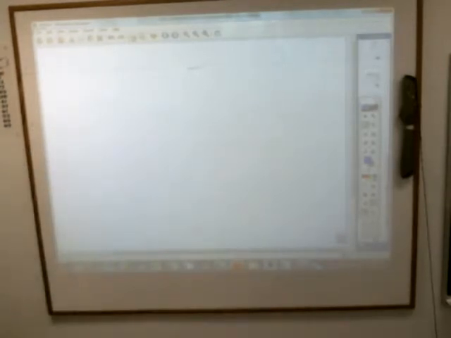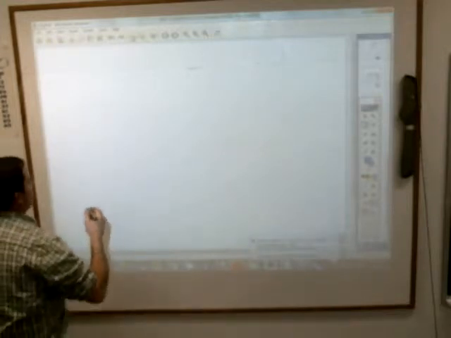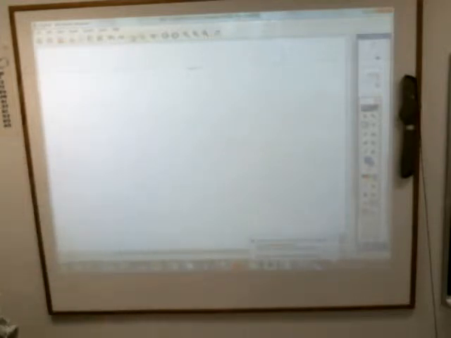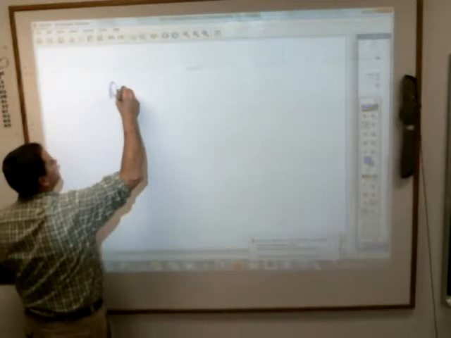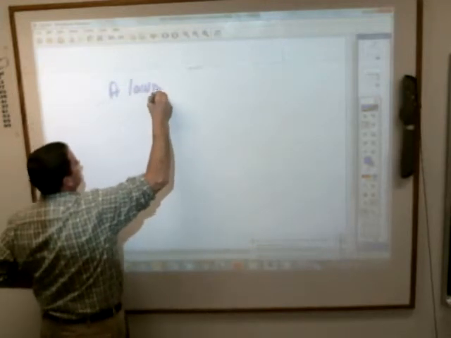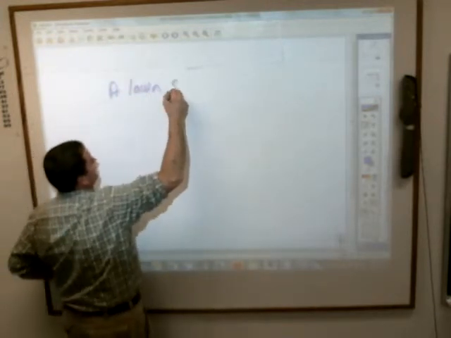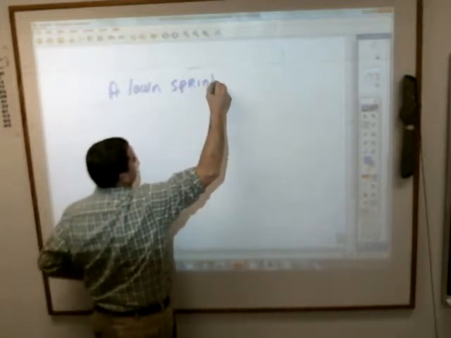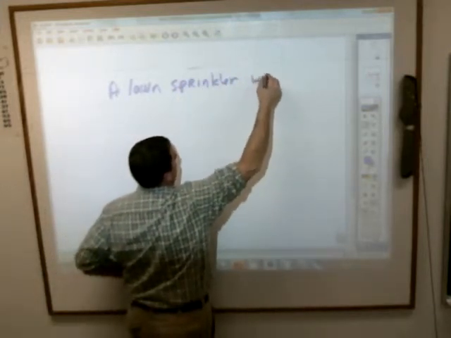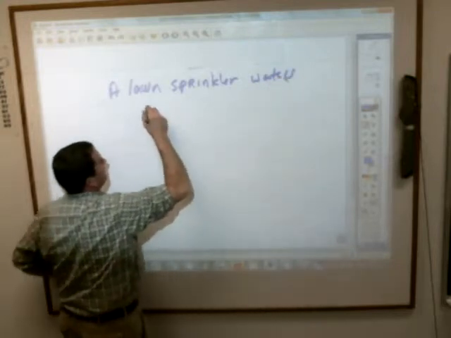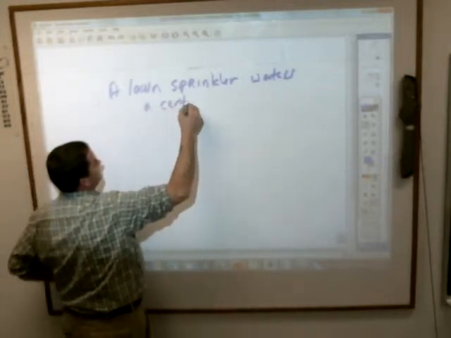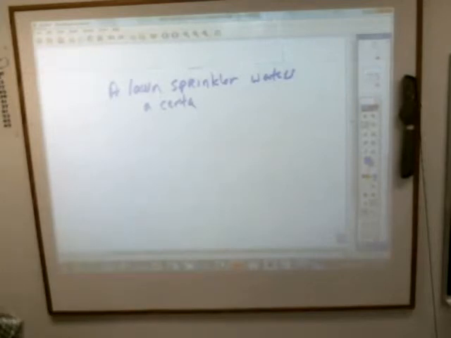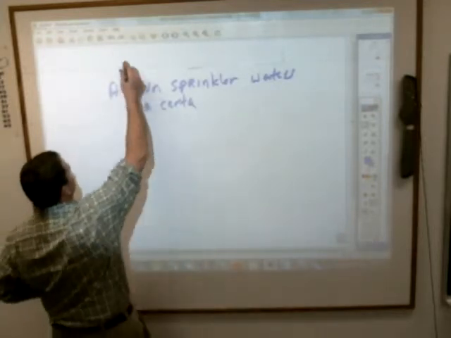And one more problem, just because I know. Write this down. Take a little note here. A lawn sprinkler waters a circular portion of a yard.